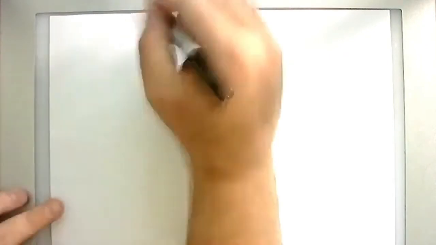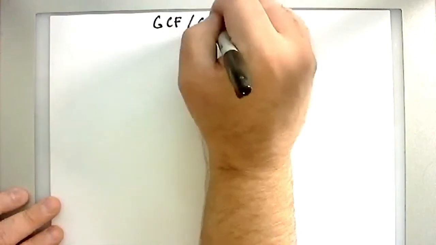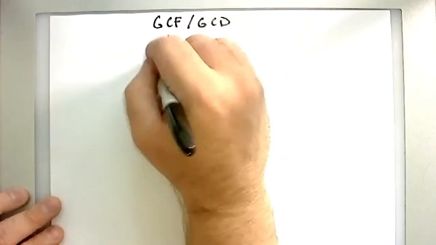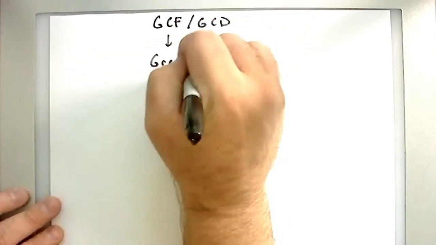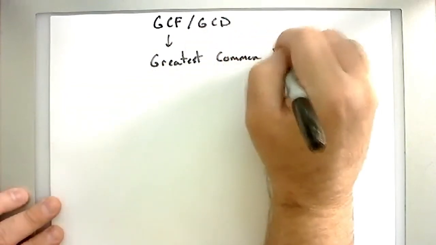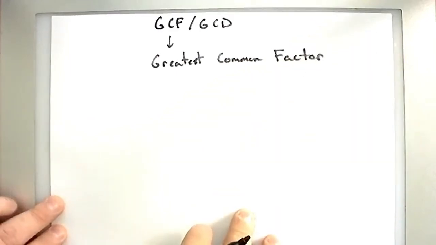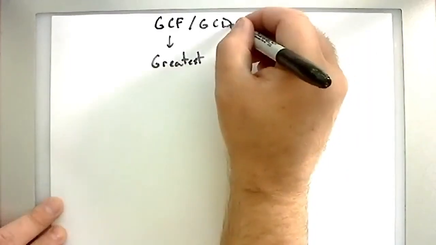All right, so now we're moving on to GCF. GCF, also known as GCD, stands for the greatest common factor. Now remember what we said a few minutes ago about what a factor meant. It also means what divides into a number, and that's what the D can be used for.